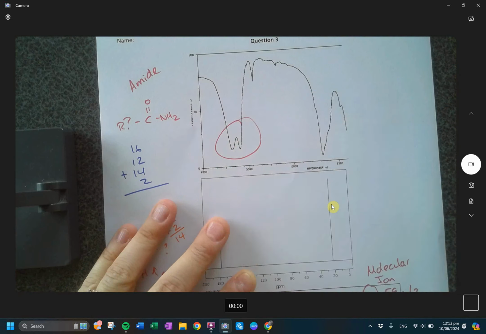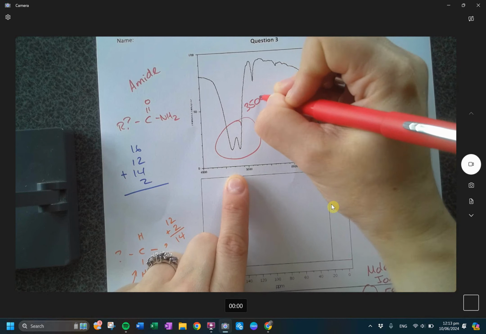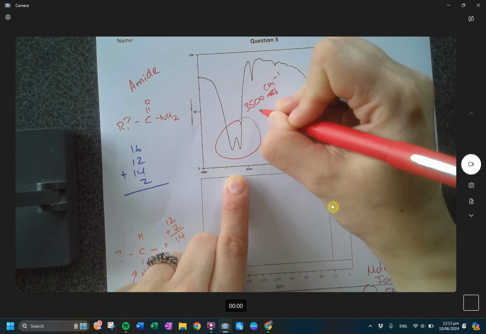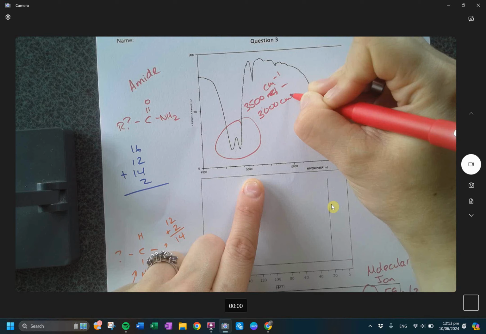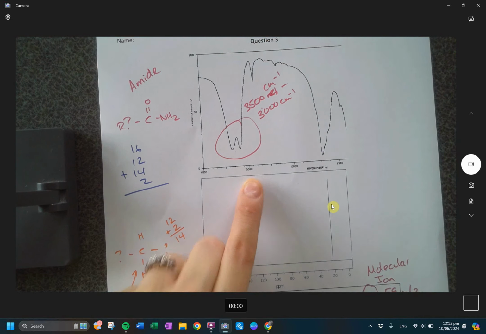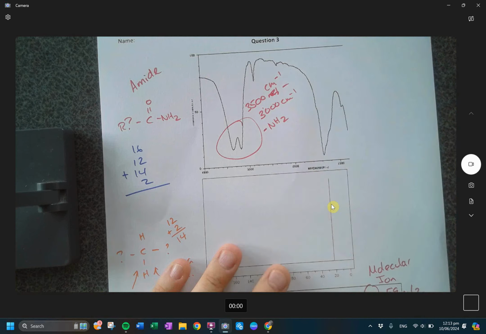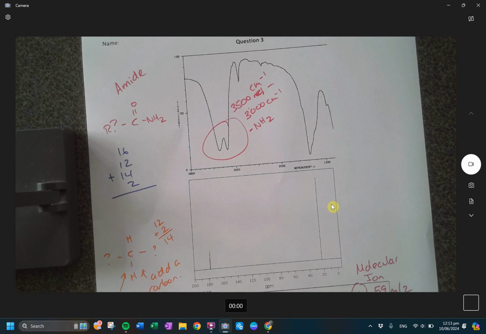So identifying this here, that we have something that is roughly between 3,500, oops, wrong unit, to 3,000, and that we recognize that this is an NH2 from that information. So we have a nitrogen with 2 hydrogens. I have to look up my primary, secondary, tertiary.